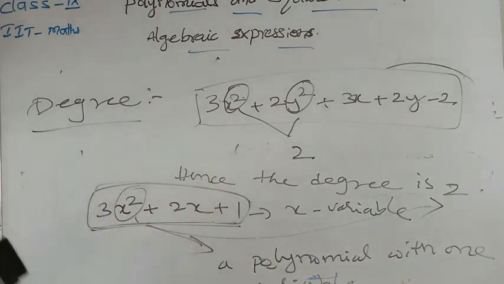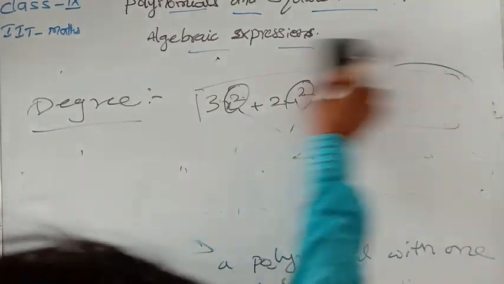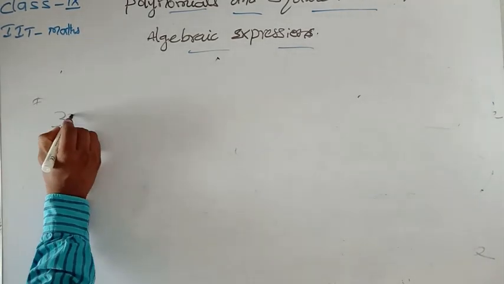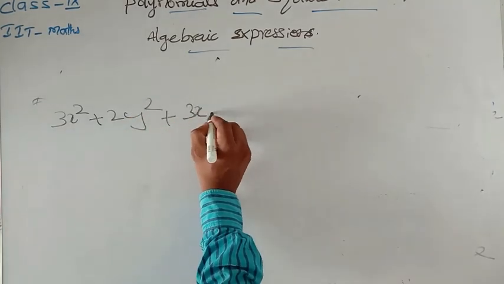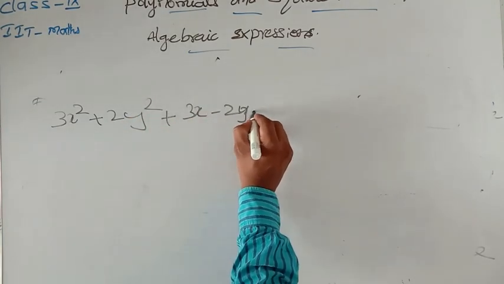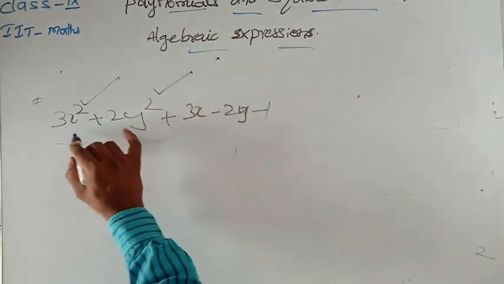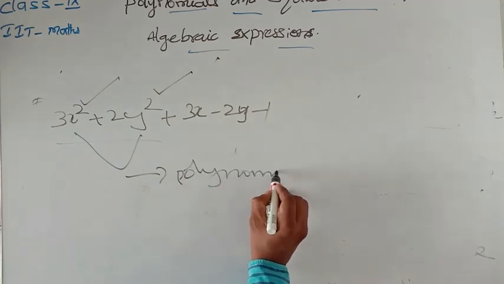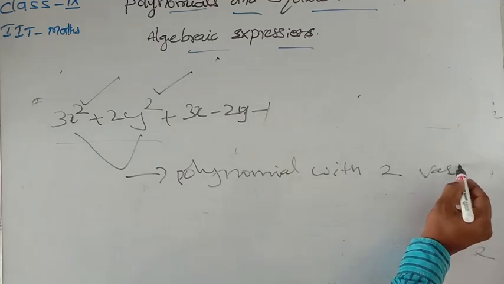One more example I am taking. That is 3x square plus 2y square plus 3x minus 2x minus 2y minus 1. So in this x variable is present and y variable present, hence it is a polynomial with two variables.